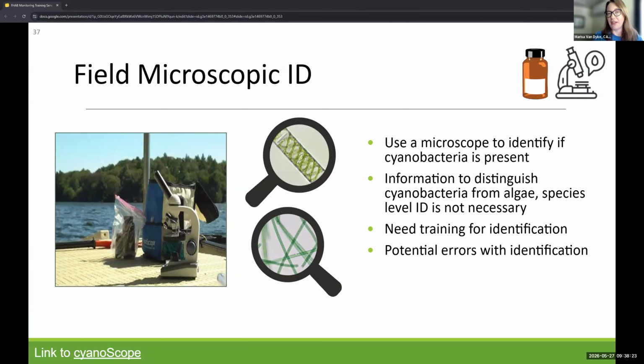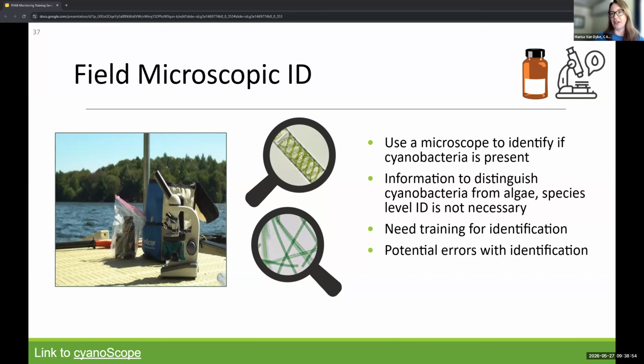You can get a lower cost field microscope that doesn't need to be put on a lab bench. You can look at the sample under there to understand what you're encountering in the field and trigger some next actions in your monitoring, such as sample collection for analysis or, based off of health advisory levels, posting in California if you determine that you have a bloom of cyanobacteria.